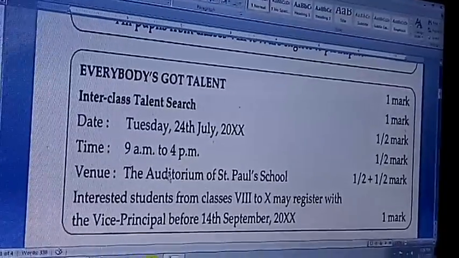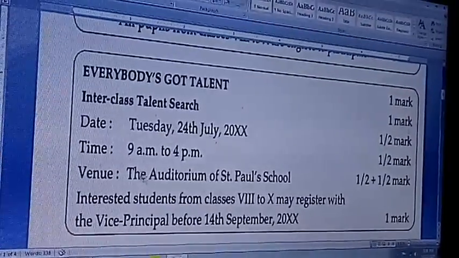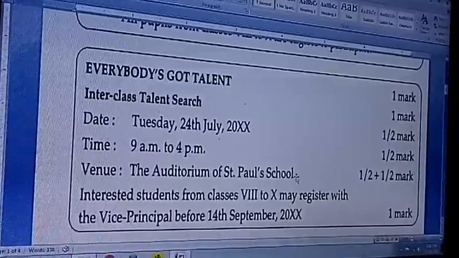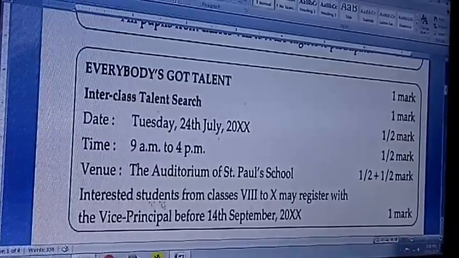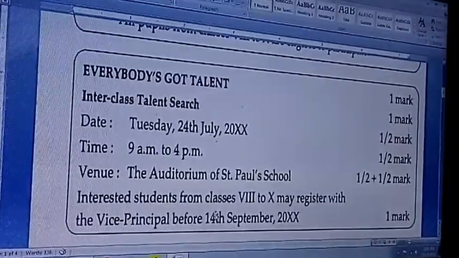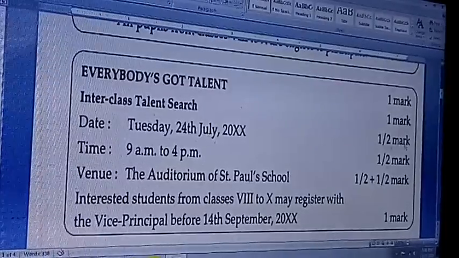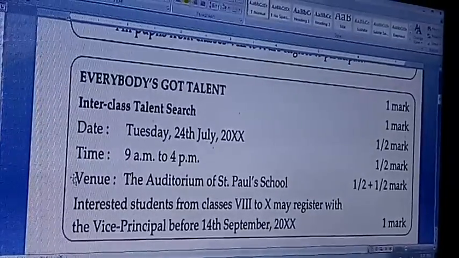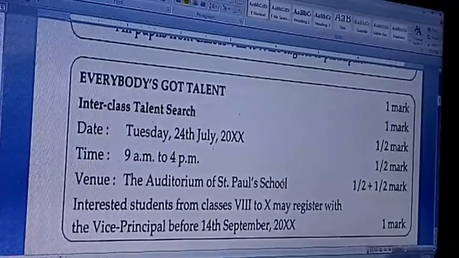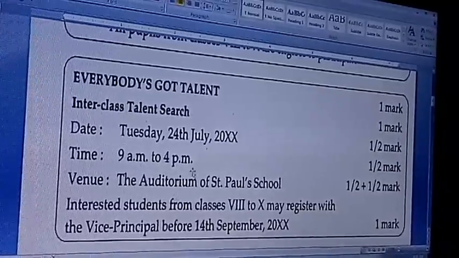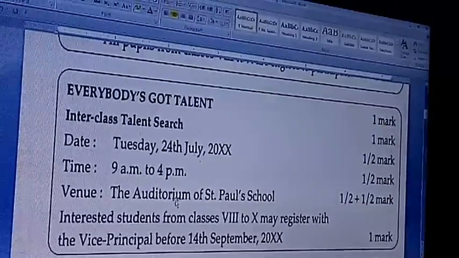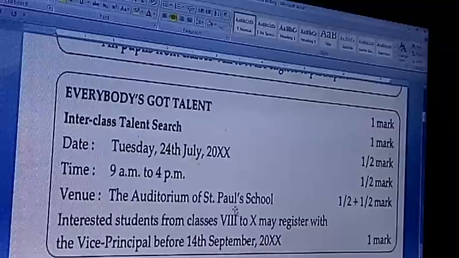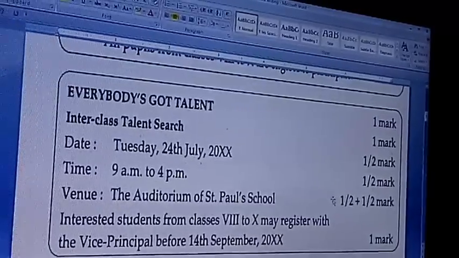If you have not written this 'of', then you put the auditorium, comma, St. Paul's School. Your marks are again 1 plus 1 plus half. This whole line has got a full 1 mark: the particular venue and the school together make 1 mark.